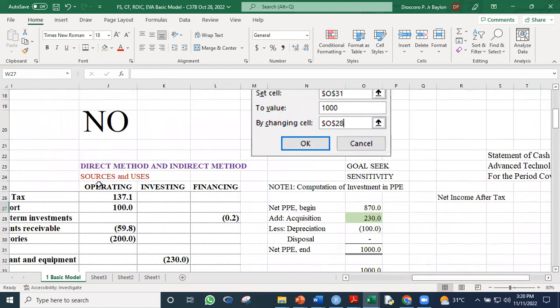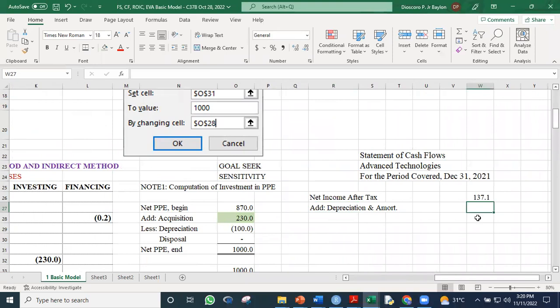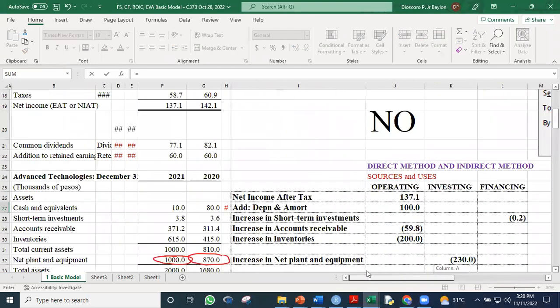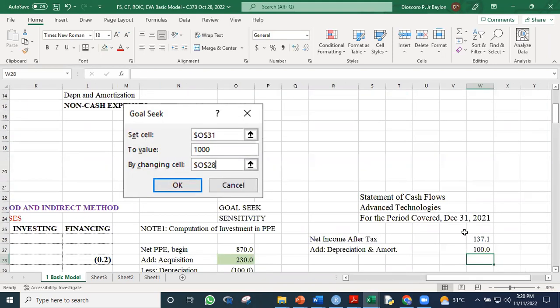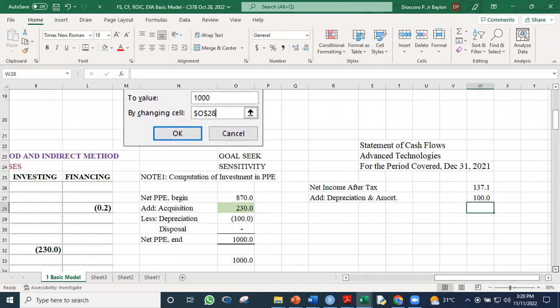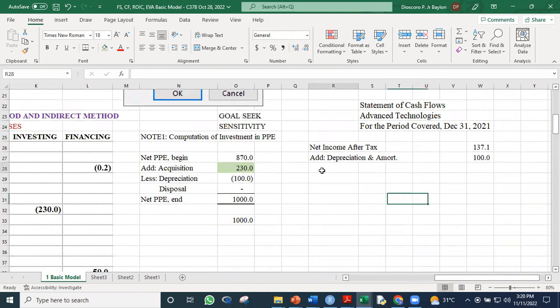And we said that we should add back depreciation and amortization. This is equal to, I'm going to link it to our income statement. Depreciation and amortization is this one, 100. Okay, so therefore this is now our net cash flow.